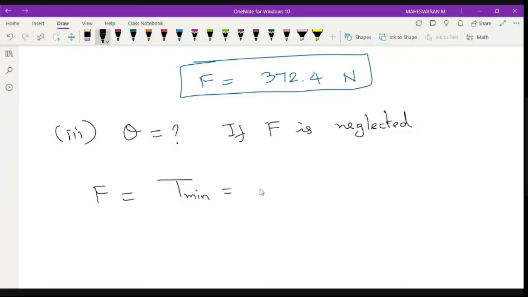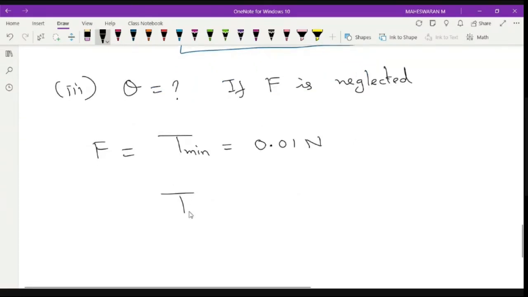Let me consider it is 0.1 Newton. Or more accurately, I can also consider 0.01 Newton. It is up to me. Let me consider 0.01 Newton. Very, very less, right?